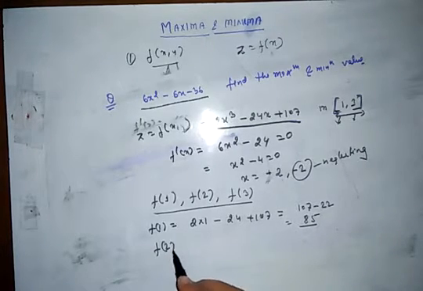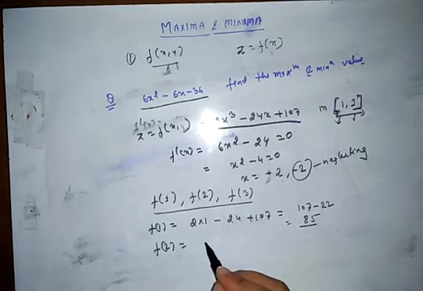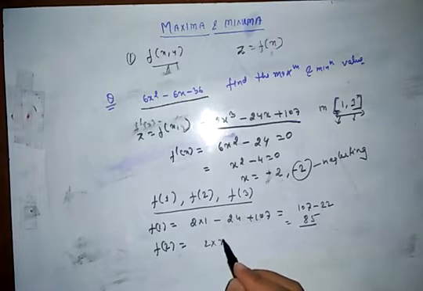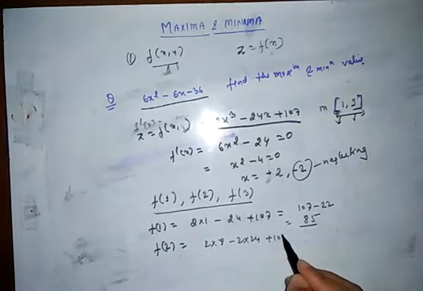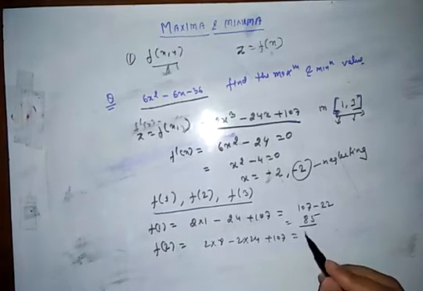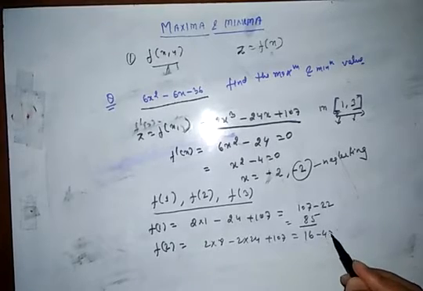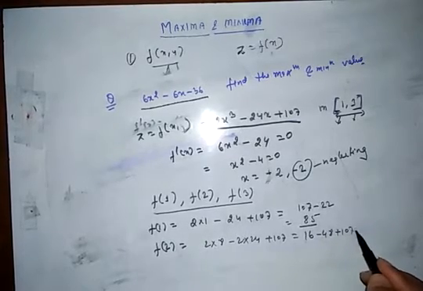Then f of 2 is 2 into 8 minus 2 into 24 plus 107. You will see 16 minus 48 plus 107.